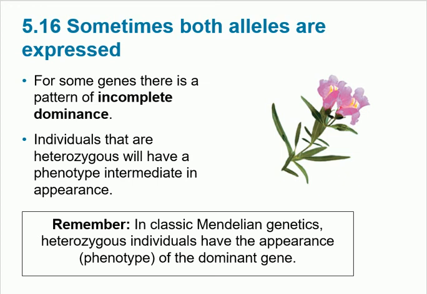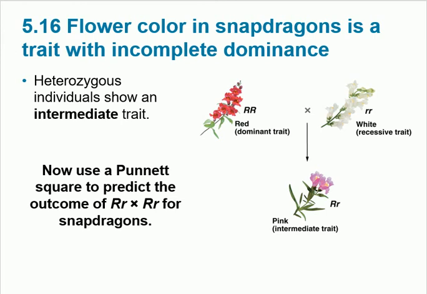But if you see incomplete dominance, now the recessive will show up somehow. It's not complete dominance. So in this case, if this is red, for example, I told you the pink, it's in between, I'm sorry. This red here is dominant, and it's both uppercase. And this white here is recessive and both lowercase.